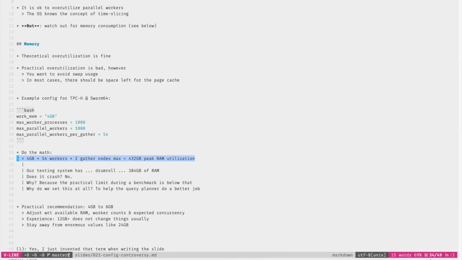But during the benchmark, this is not going to be exceeded at all. Our testing system has 384 gigs of RAM and 64 CPUs. But if you drive the benchmark through and you measure the RAM, you're going to see that this is way below the peak, even if you run multiple streams.